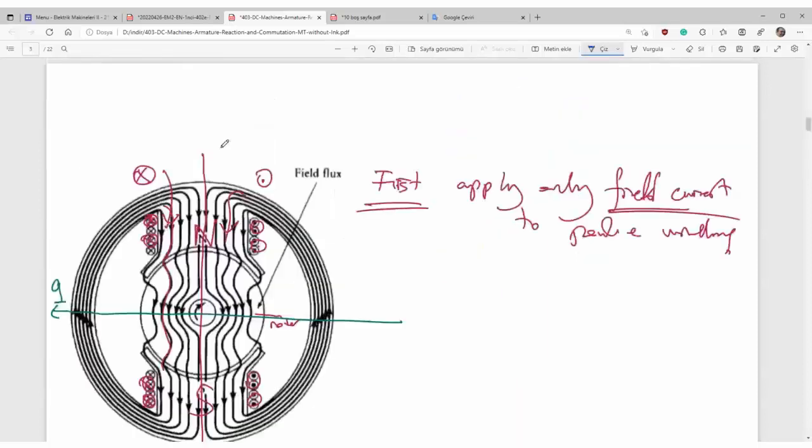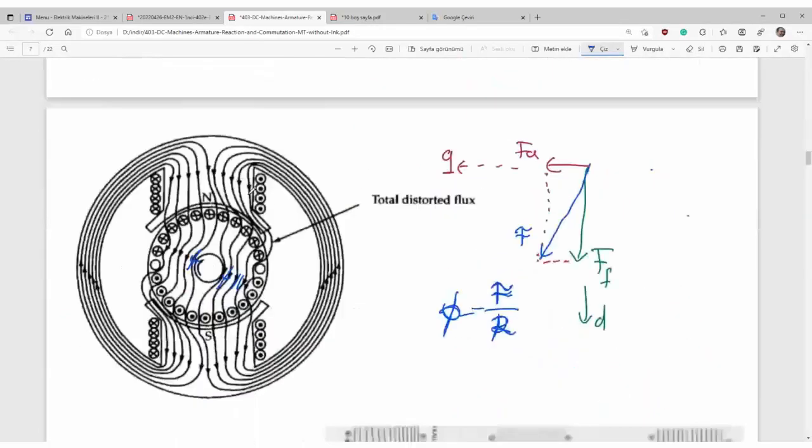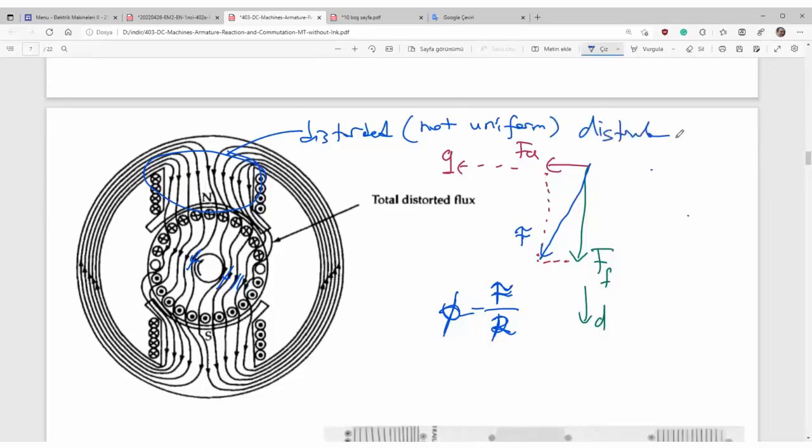For example, you see a uniform distribution. And you observe a distorted, not uniform distribution.